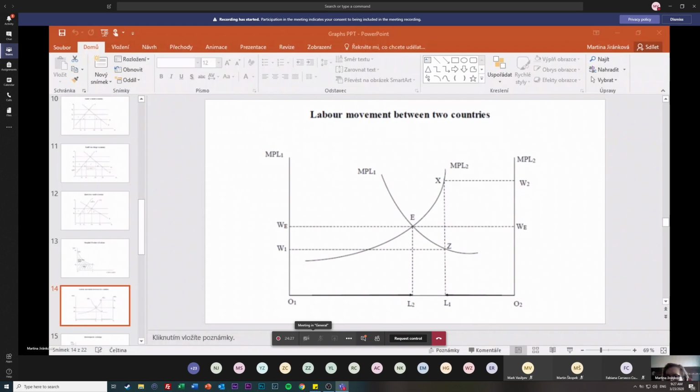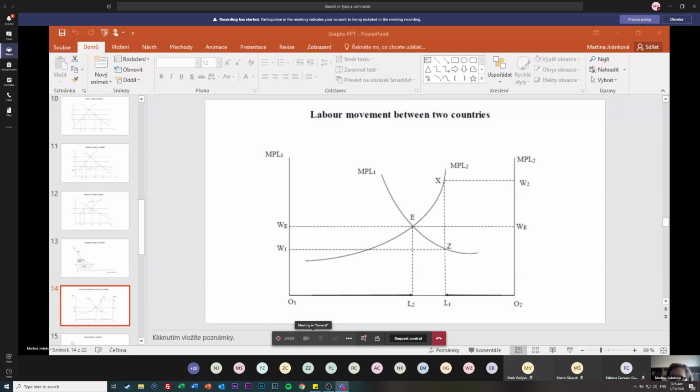So let's start with the assumptions. Again, capital and labor, two factors. In the first economy, labor is the abundant factor. They have a high quantity of labor, a lot of workers.